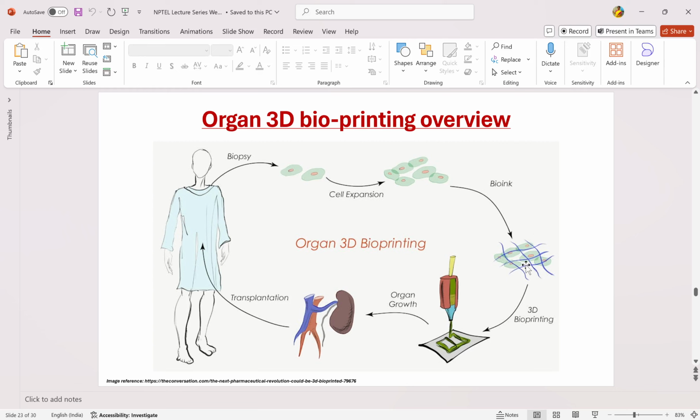You will make a 3D model of your organ, slice it, then feed your 3D printer with your bioink as well as the sliced model, and it will 3D print it. You will give maturogens to grow your organ into a final mature form and then transplant it back to your patient. So this is an entire overview of how 3D organ bioprinting is done and utilized. Application.